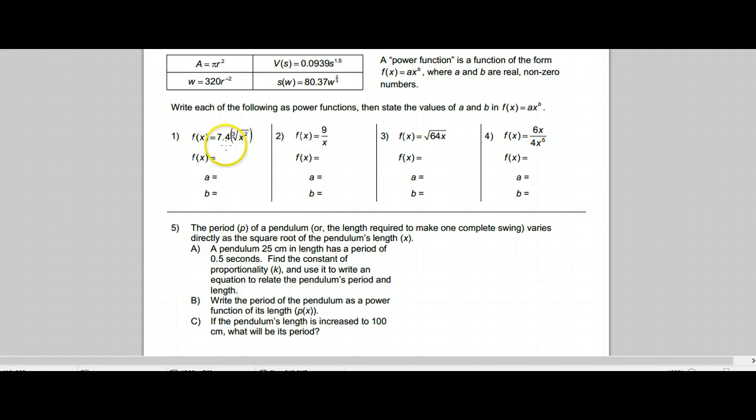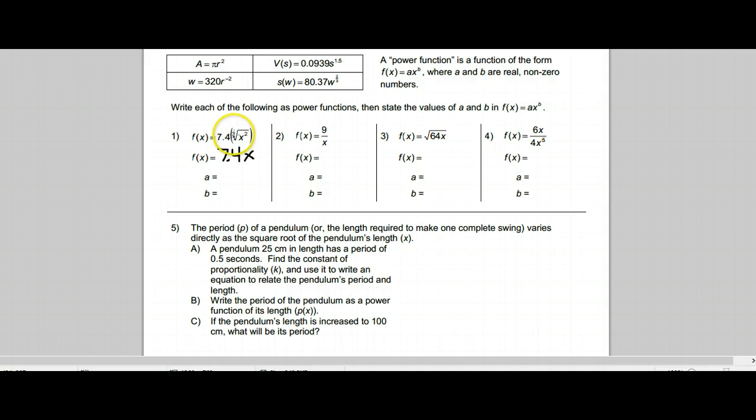We have 7.4 times the cube root of x squared. We're going to write it as 7.4, and then that's going to have an x times x to the, and we're going to put a power on it.